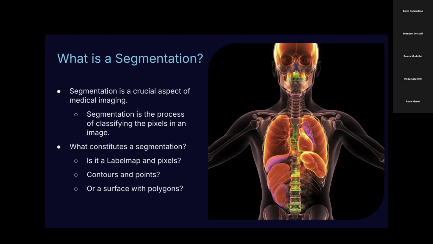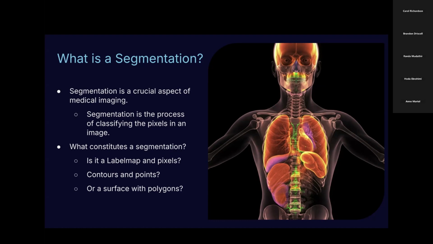Are we only talking about label maps and pixels that we assign ones and zeros, or are we dealing with contours and points that define a boundary, or maybe we're talking about the surface models, the polygons that we have seen being shown in the volume rendering. As we all know, each of these approaches has different applications.